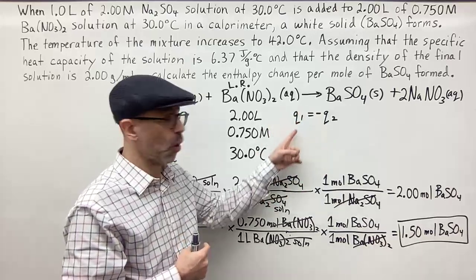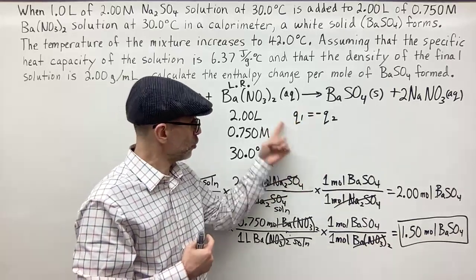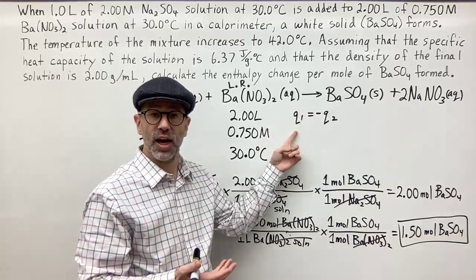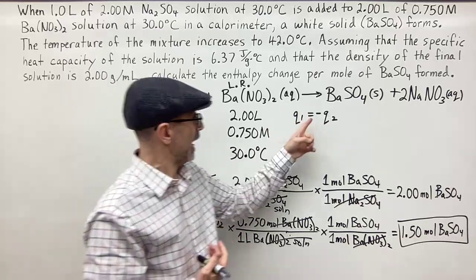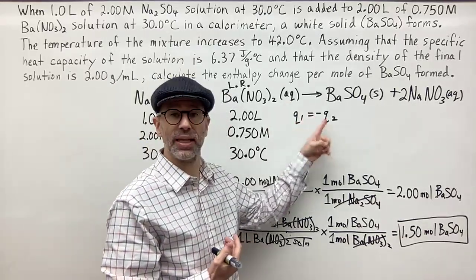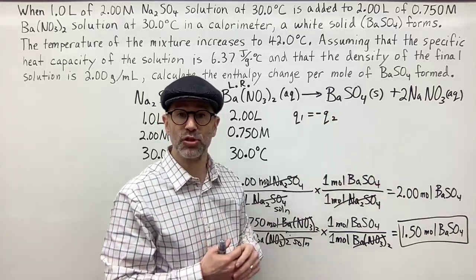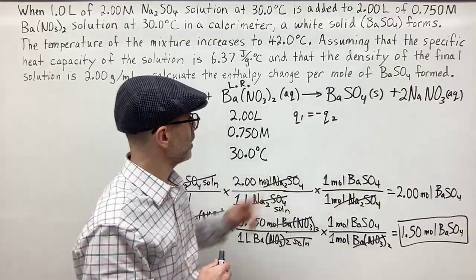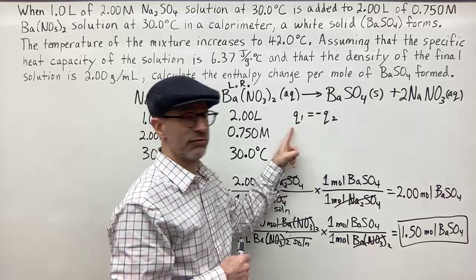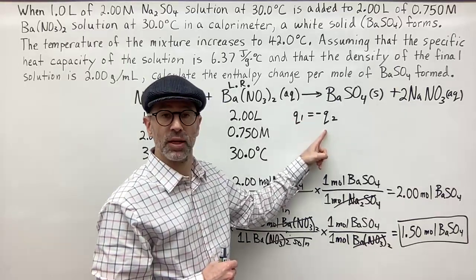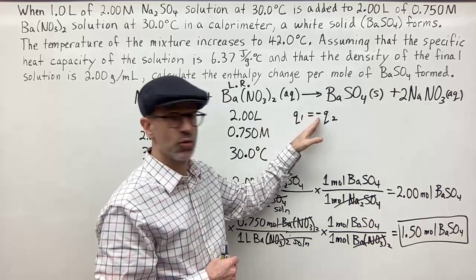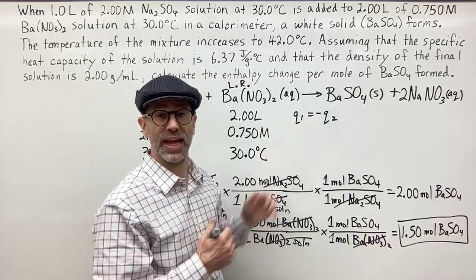If this was water, then Q1 would be the heat absorbed by the water, and the negative Q2 would be the heat released by the hot metal that's put in the water. So the Q's have to be equal to each other, but opposite, because one is losing heat, the other is gaining heat.